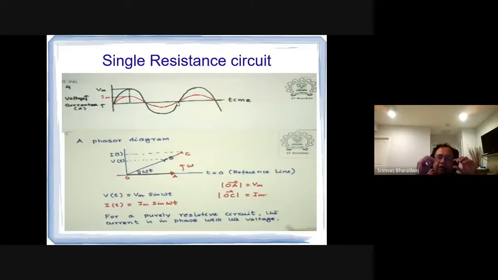This is why they call it a Phasor diagram. For a purely resistive circuit, they will be moving in parallel like that. So the phases will be moving.